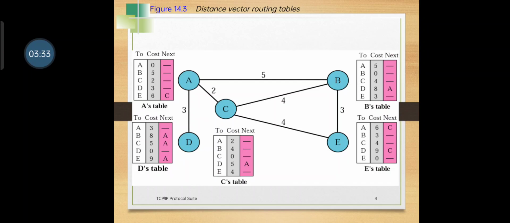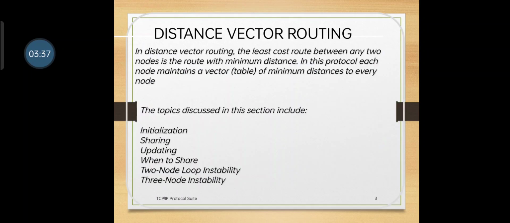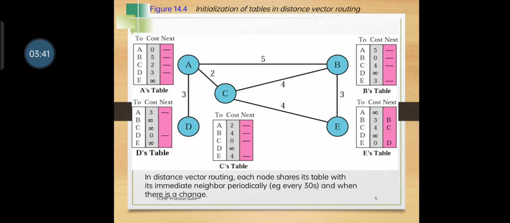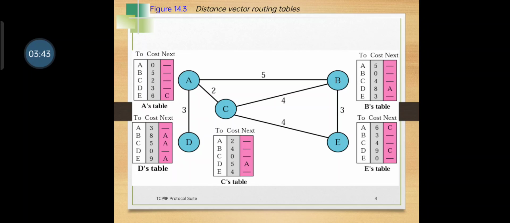So how do we initialize a table? As you can see here, we have 5 nodes: A, B, C, D and E. Each node maintains a table.